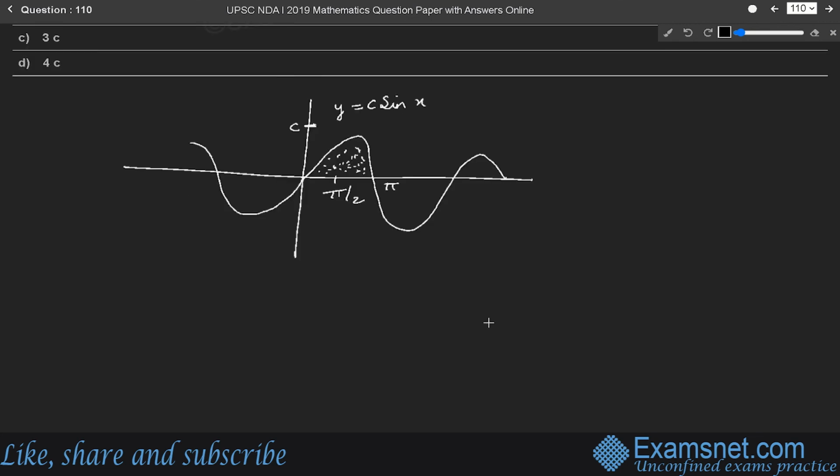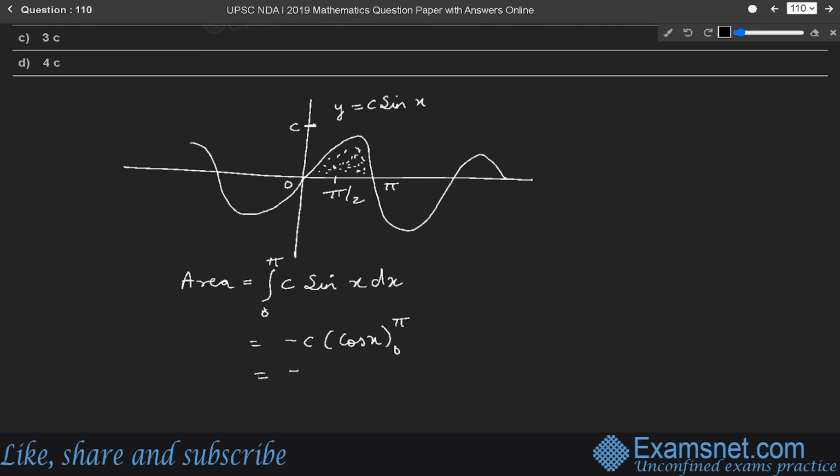We have to find the area. So the required area will be equals to integration of 0 to pi. You can see that the area is from 0 to pi. Therefore the limits are 0 to pi. C sin x dx, because y is equal to c sin x. So further solving, it will be minus c into cos x, and the limits are 0 to pi.